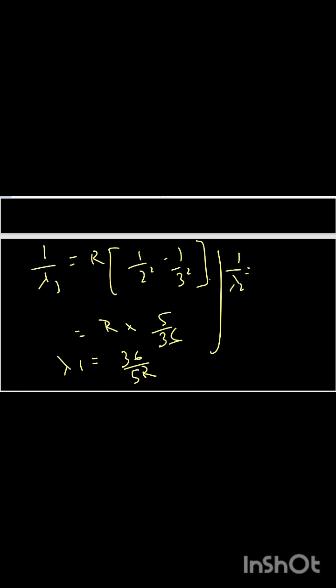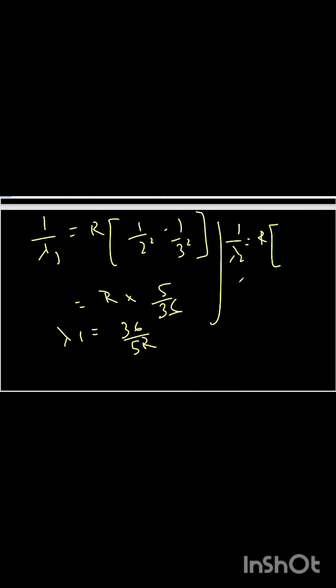and lambda 2 will be when electron comes from 6th orbit to 4th orbit. So in that case the formula will be 1 by 4 square minus 1 by 6 square. It comes out to be R times 1 by 16 minus 1 by 36.